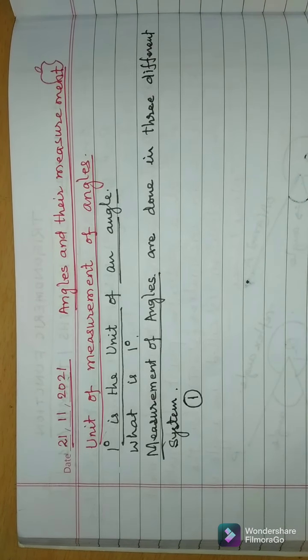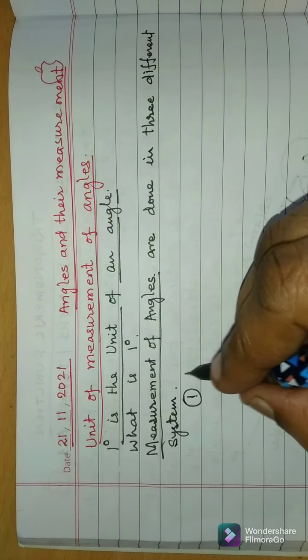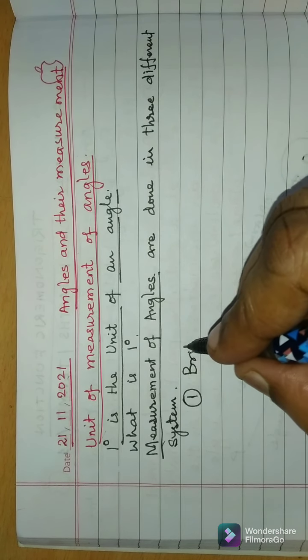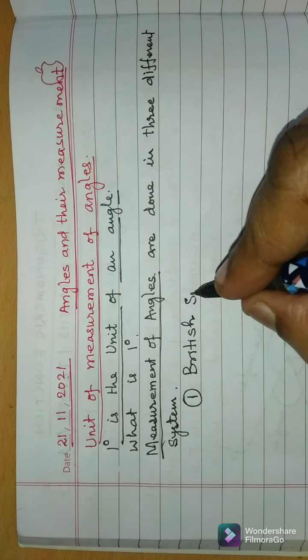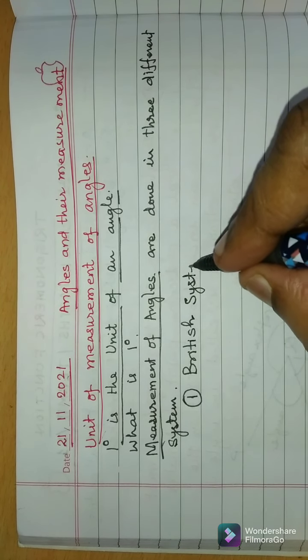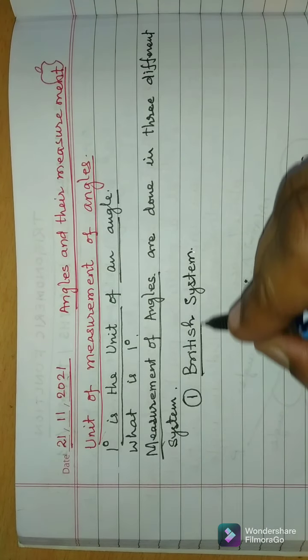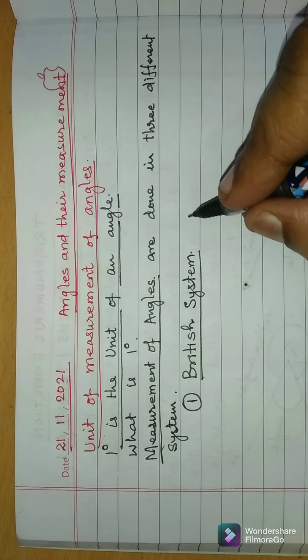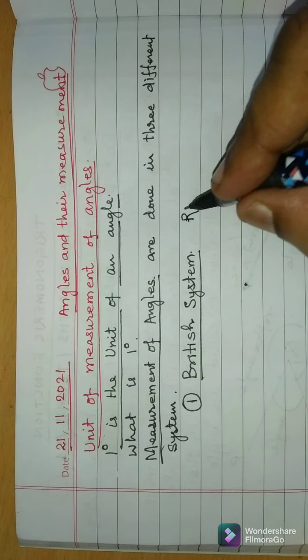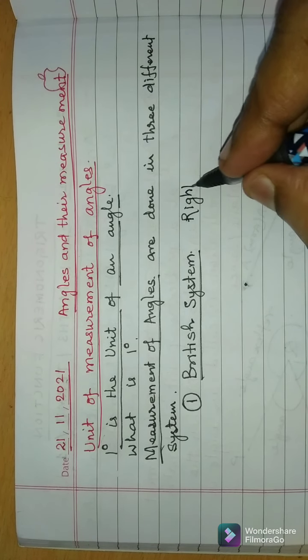First we will write the British system. In this system, first of all, you will understand what a right angle is.